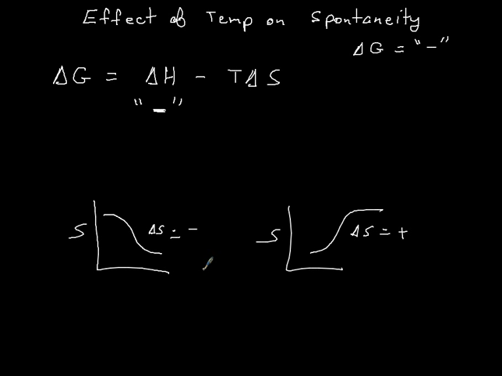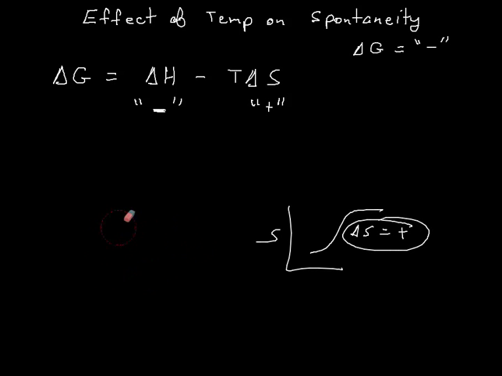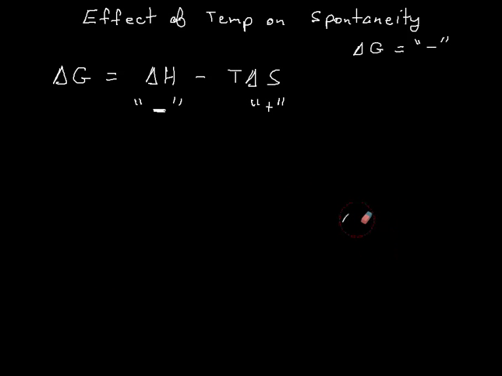Greater entropy is favorable, the more disordered. So if entropy is positive, that's favorable. In this case, we have two favorable situations: favorable enthalpy and favorable entropy.